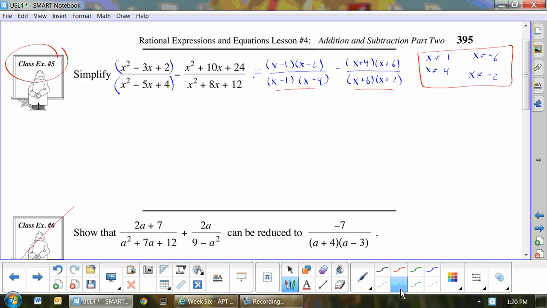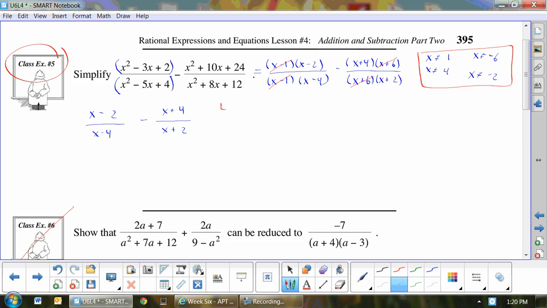So once you find your non-permissibles, then you can go like this. Okay? So our equation becomes a lot easier to work with then, because we just have x minus 2 over x minus 4 minus x plus 4 over x plus 2.